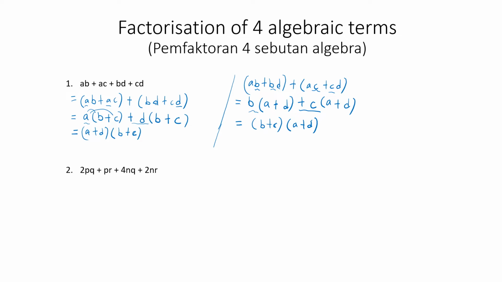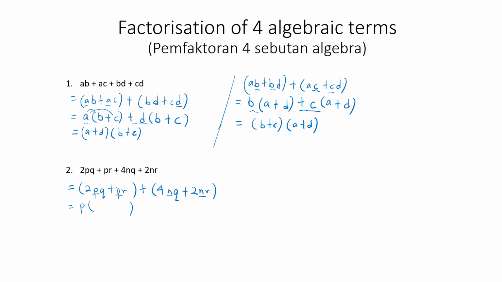For question 2, okay, first step is group it with common terms. So I group them 2PQ plus PR. This one group, the common term is P. This is another group, 4NQ plus 2NR, the common term is N. Okay, next step, put a common term outside of the brackets.